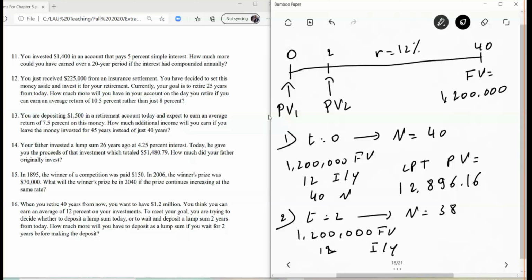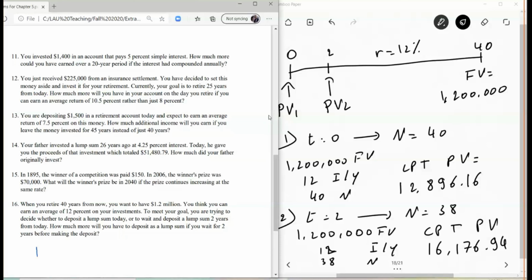However, now I have 38 N. I compute PV. The answer is 16,176.94. So I will need more money if I want to delay my investment by 2 years.